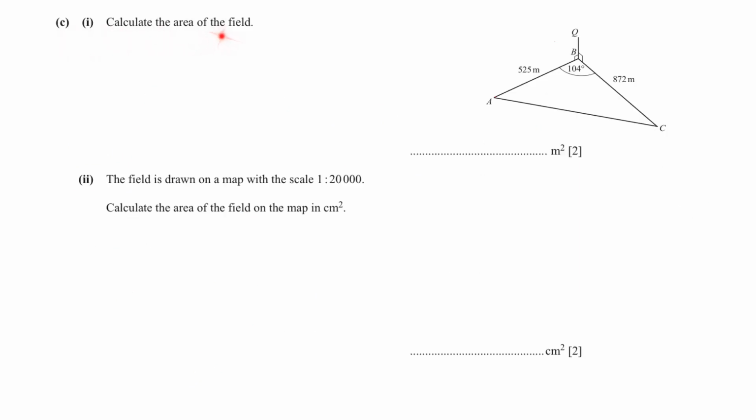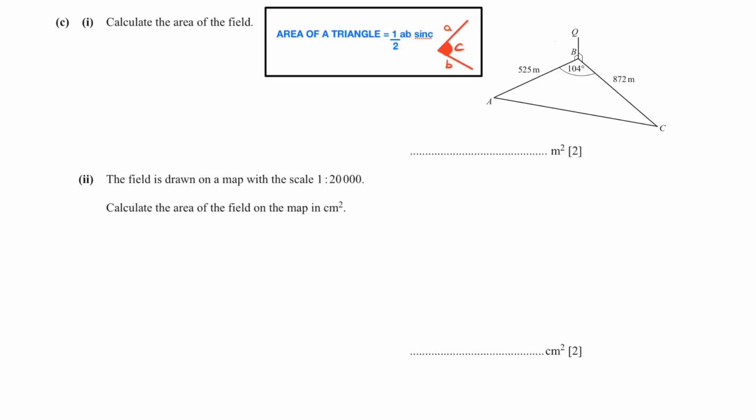C1, calculate the area of the field. This is a triangle and it's not a right angle triangle. Therefore, we have to use another formula. Area of a triangle is equal to half ab sine C. A and B are your sides and C is the included angle.